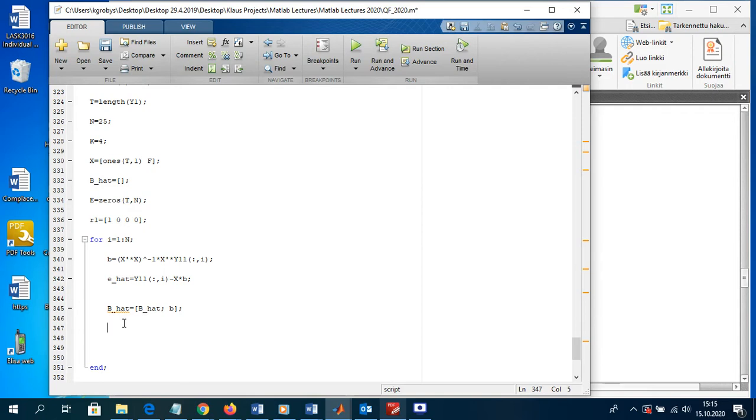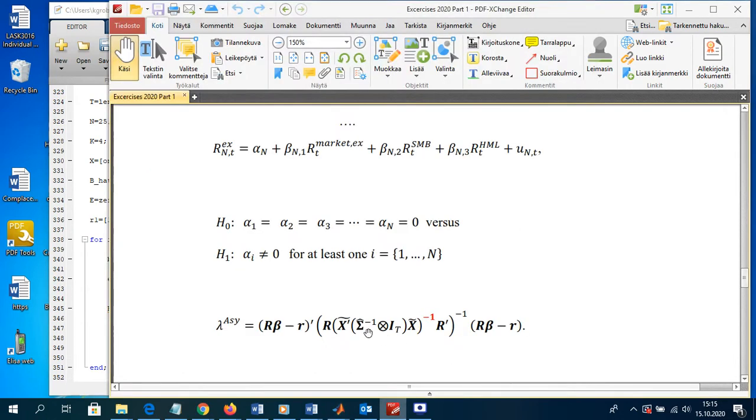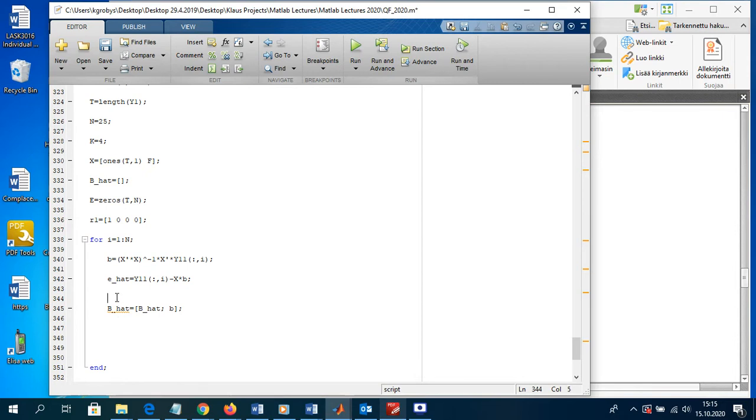Next, we want to store, in order to construct this sigma hat here, which is inverted in this equation, the residuals for each equation. So we need the regression residuals for each single equation that we want to store here in this matrix that has zeros. So let's store it.